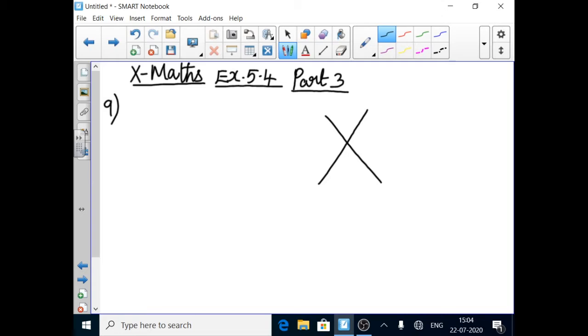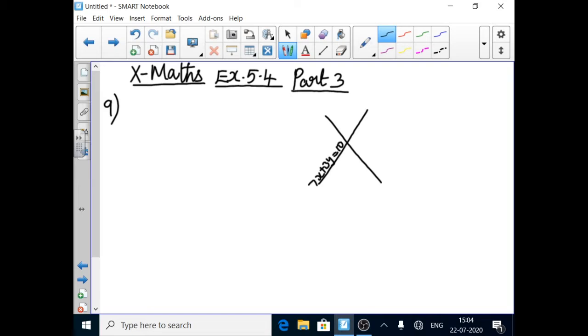They give the equation of the first line as 7x plus 3y equal to 10.